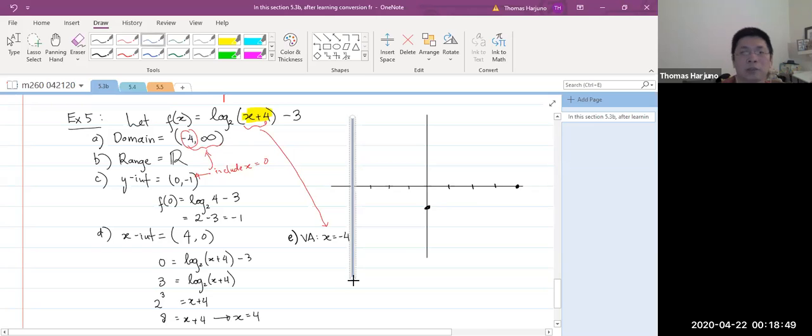Approximately like this. That's the vertical asymptote. But with only 2 coordinates, it's not enough for us to graph the log function.